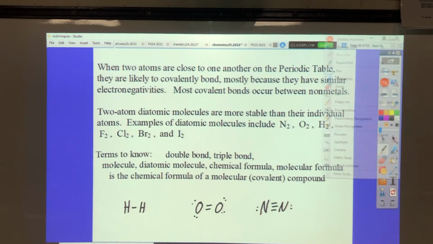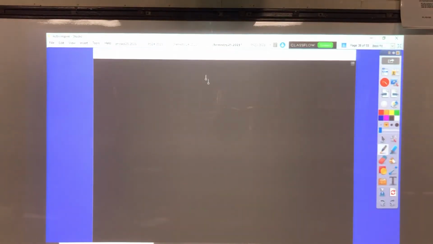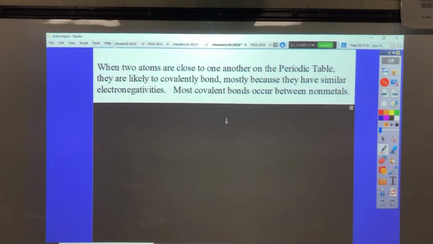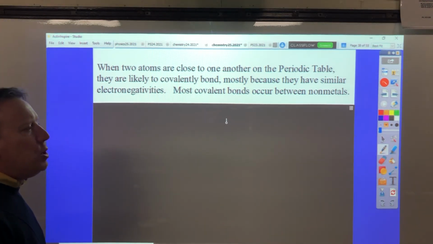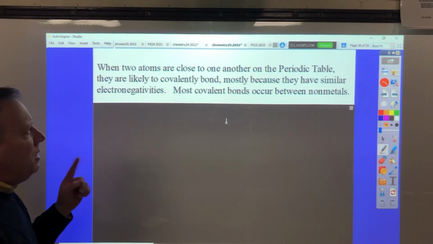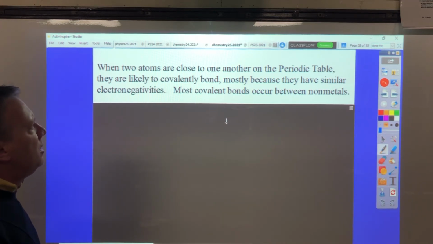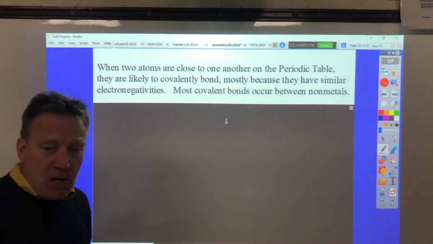Now, when two atoms are close to one another on the periodic table, they're likely to covalently bond because they have similar electronegativities. Most covalent bonds occur between nonmetals. If they're close, they're likely to be covalently bonded, and most are between nonmetals.